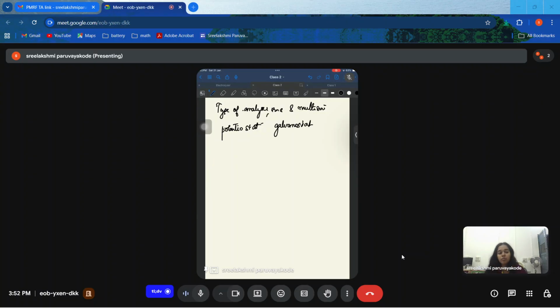Both can help us to measure the impedance. Or we also need a frequency response analyzer plus either one of these, potentiostat or galvanostat.